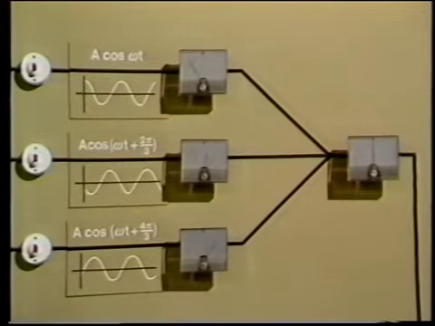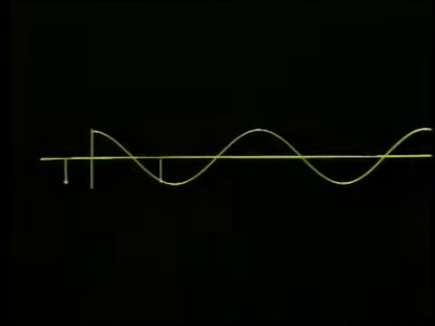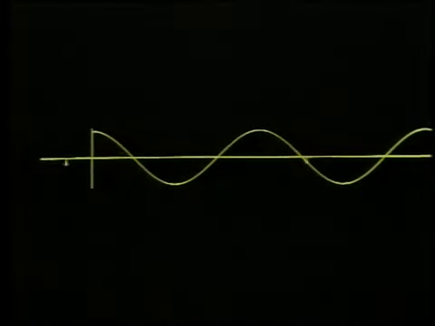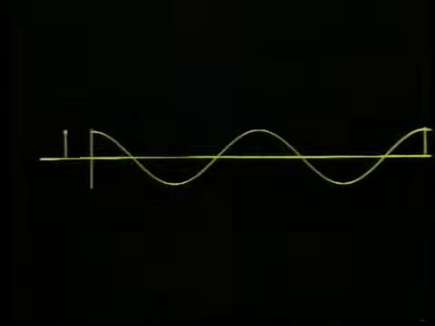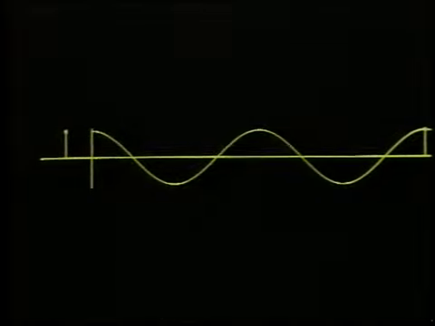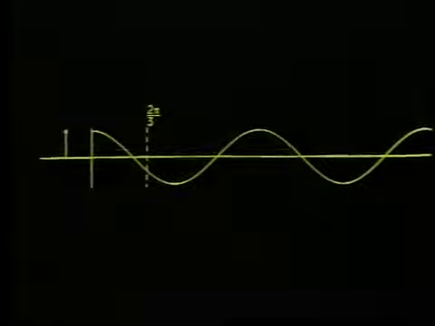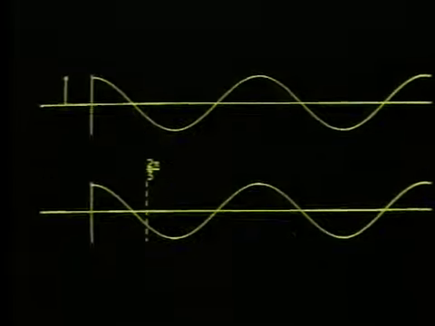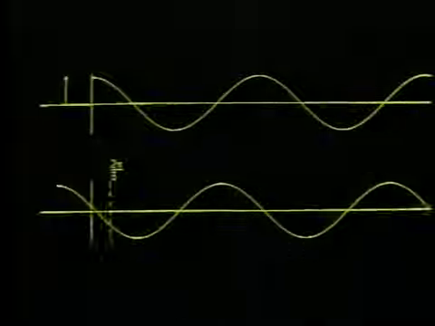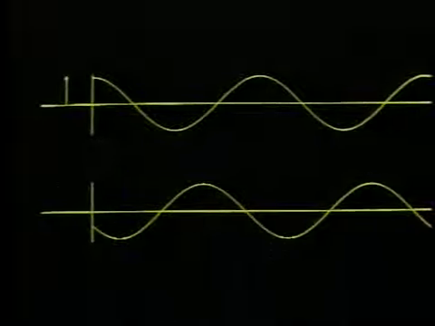Now, one way to show this is to look at the graphs of these functions. The current follows a cosine curve. As time progresses, the current alternates. The second current is also a cosine, but it's 2 pi over 3 out of phase. It's the same shape, but it's shifted to the left.